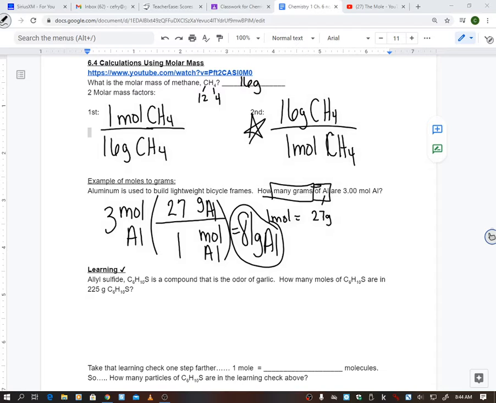So we are doing the same type of math. It's just we're using a different unit now. We're now looking at grams. How much does this weigh? To put this in terms that you would know, if I said I have 1 dozen donuts, how many donuts is that? Well, that's 12. Okay, how much does that weigh? They have a weight, right? Or I have 1 dozen pencils. How much does that weigh? I still have 12 pencils, but it's not going to weigh as much as those donuts.